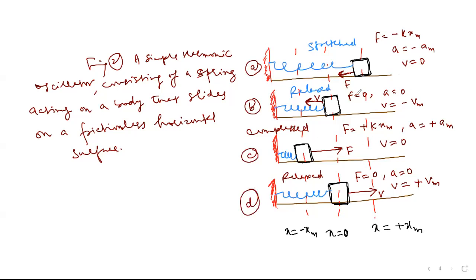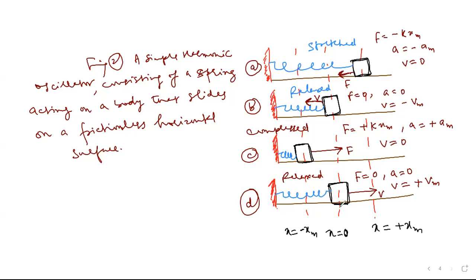In part A, we have stretched the spring, moved the block to the right, and then we leave the block. What will happen? It will oscillate. So it will have a mean position and it will have two extreme positions.